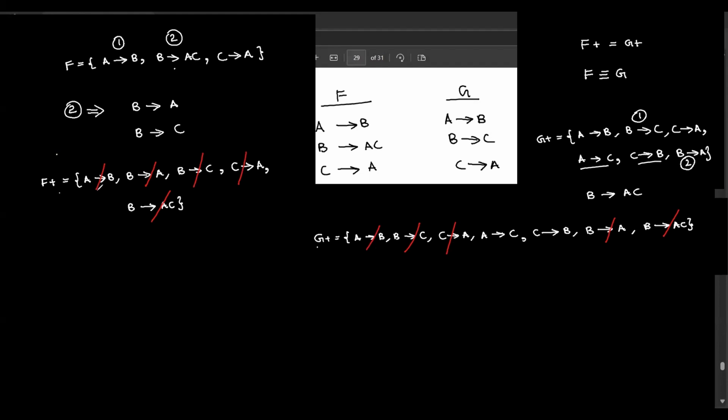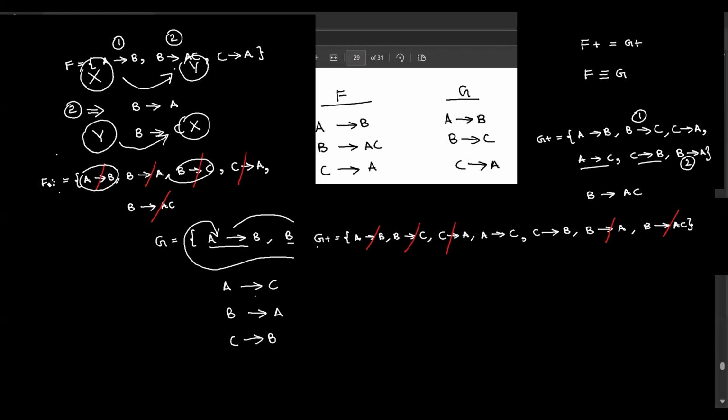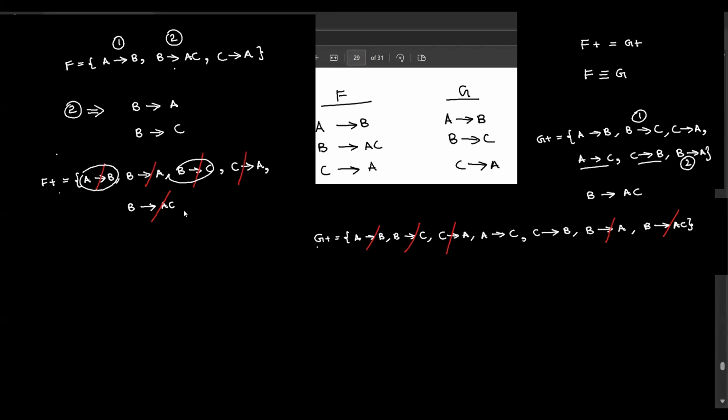I have A functionally determines B and B functionally determines C. From these two, I can say A functionally determines C. And since I have C functionally determines A and A functionally determines B, I can say C functionally determines B. Now I can cut these two.